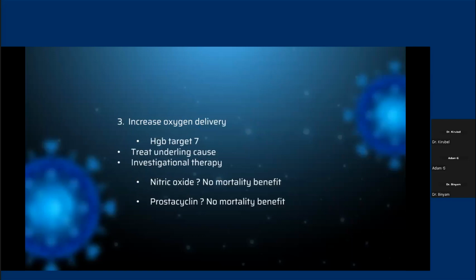The third approach is increasing oxygen delivery. Okay, if the patient is anemic, they should be transfused with a target hemoglobin of 7. Okay, and also treating the underlying cause.